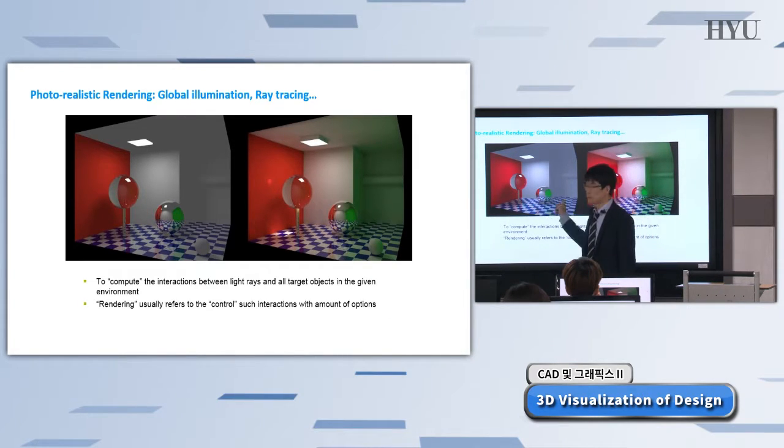The left one looks photorealistic, but it's not true. Simply because, take a look. This wall has green color, but it's not global illumination based rendering. That is why there is no green color except this reflection.